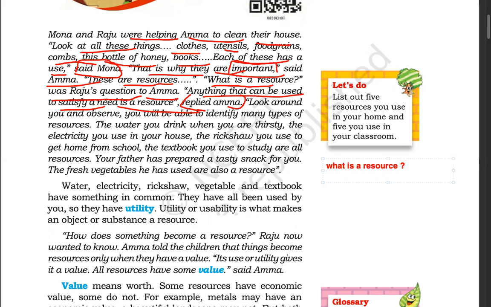What is a resource? Answer is: anything that fulfills or satisfies.